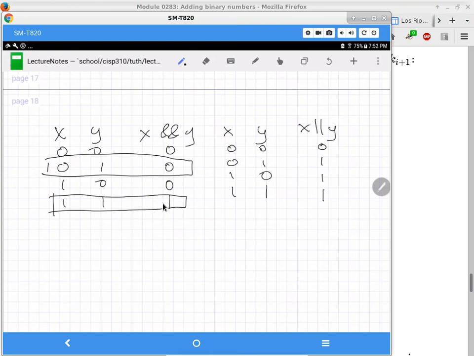Where is the proof that 1 OR whatever is 1? 1 OR 0 is 1. 1 OR 1 is 1. It is by the definition of disjunction that we have that identity: 1 OR whatever is just 1.